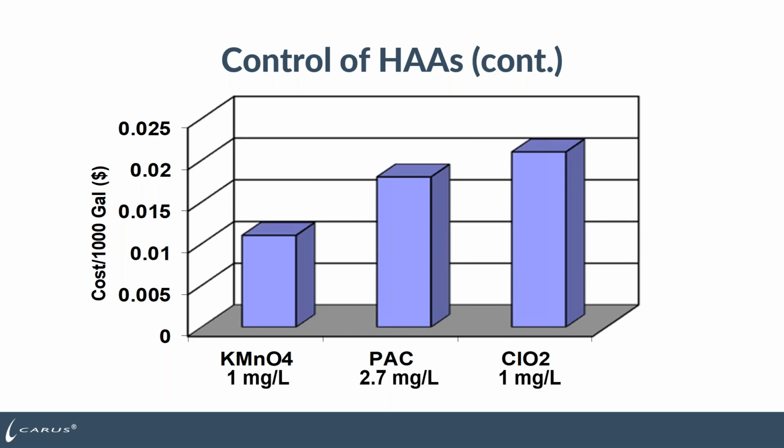Permanganate had the smallest dosage at 1 milligram per liter and the lowest treatment cost at that time. Powder activated carbon took slightly more to absorb the organics, so they had to feed about 2.7, and then chlorine dioxide had about the same dosage as permanganate, but had a slightly higher treatment cost. So they had multiple options to pick, and they had picked potassium permanganate at the time of this test.